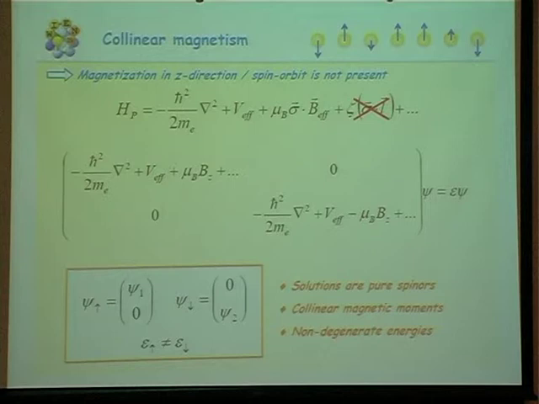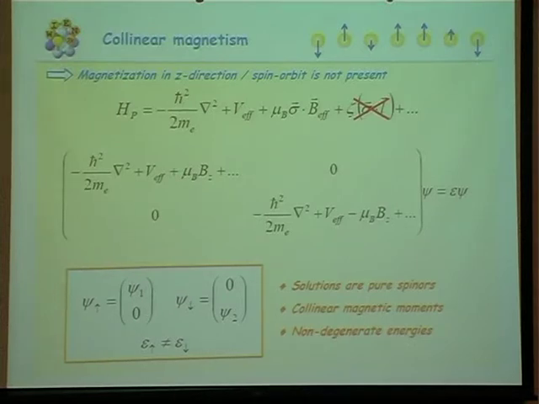And therefore, this system can be block diagonalized. It separates into two independent equations, right? One for spin up and another one for spin down. And therefore, the resulting wave functions are pure spinors. The wave function for spin up is pure up.